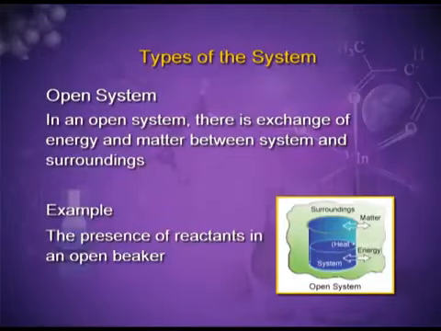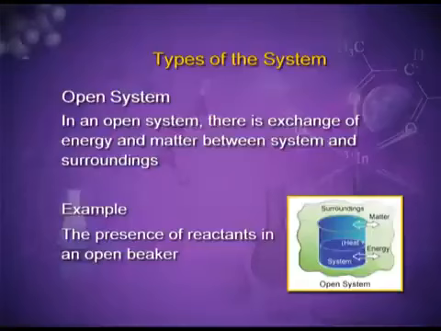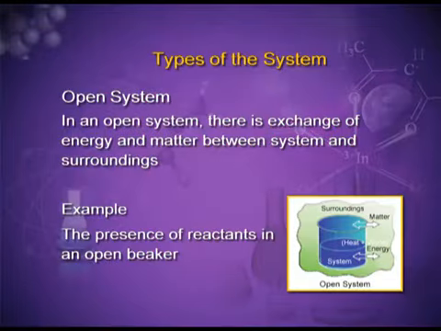So you can see that there is an exchange of heat from the surroundings to the system and the water vapors will come out. So you can see that there is an exchange of matter and energy between the system and the surroundings. This is an open system. In an open system, there is exchange of energy and matter between system and surroundings.